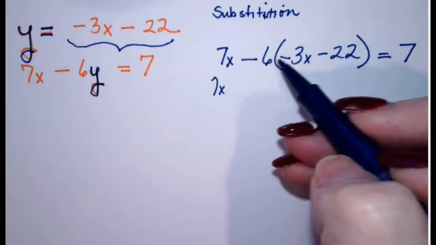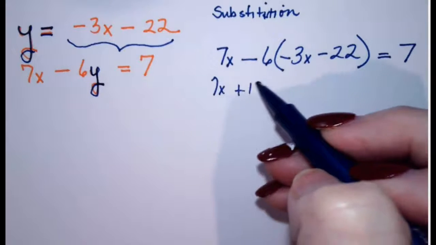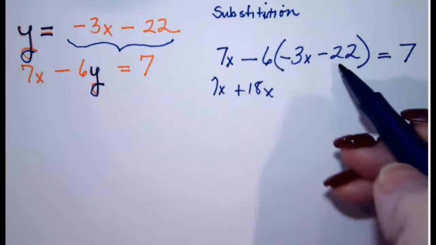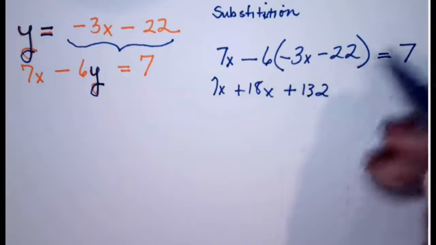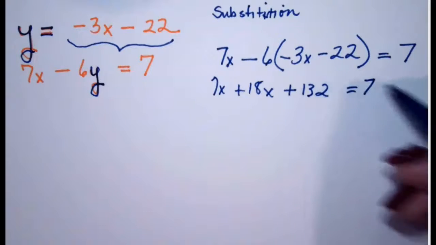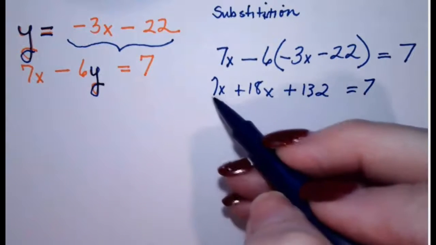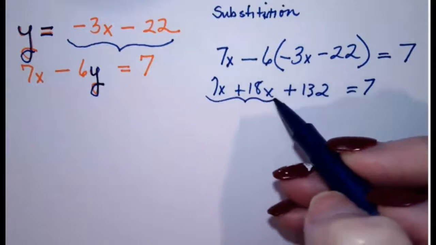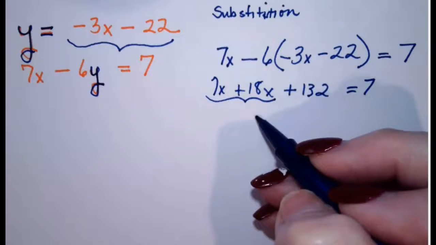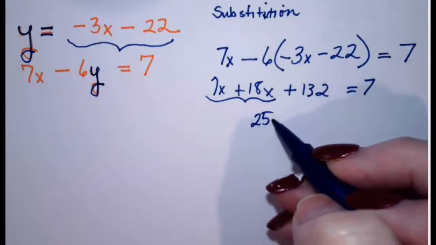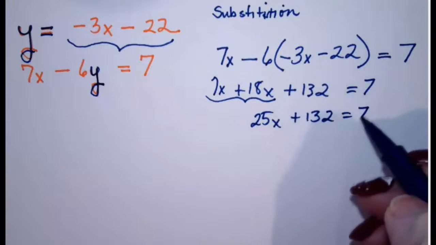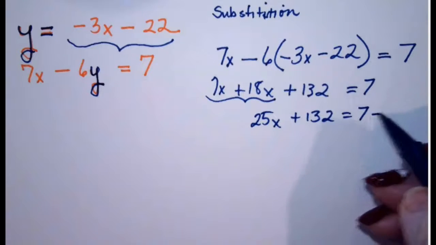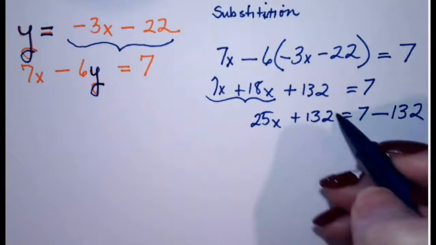7x, a negative times a negative is a positive 18x, a negative times a negative is a positive 132 is equal to 7, right? I'm going to join these two together. So what is that? 25x plus 132 equals 7. And then I'm going to move 132 over here.